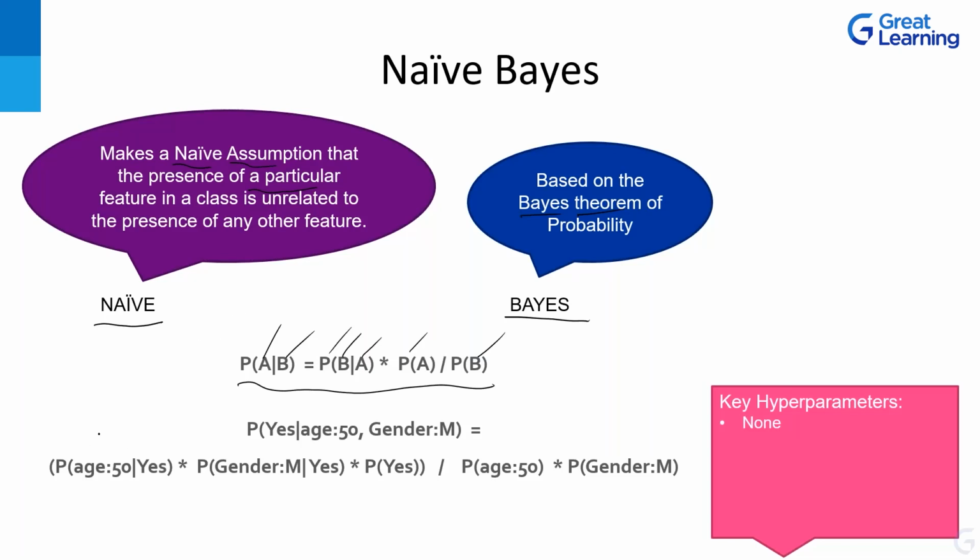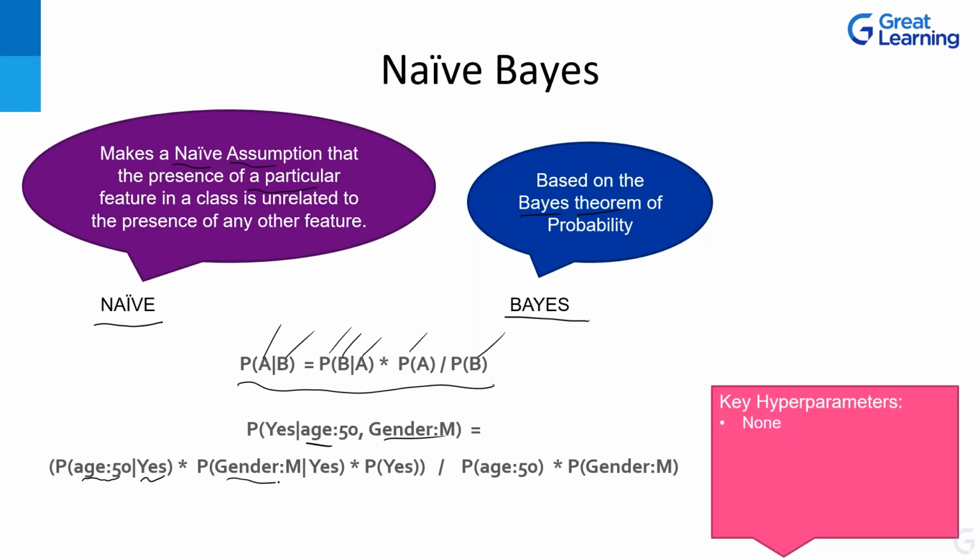To give you an example, let's say in our case there's a particular employee who has an age of 50 and a gender of male. What our naive Bayes algorithm would do is explore our data set and find all these probabilities. It would find out the probability of the age being 50 given that it is a yes.